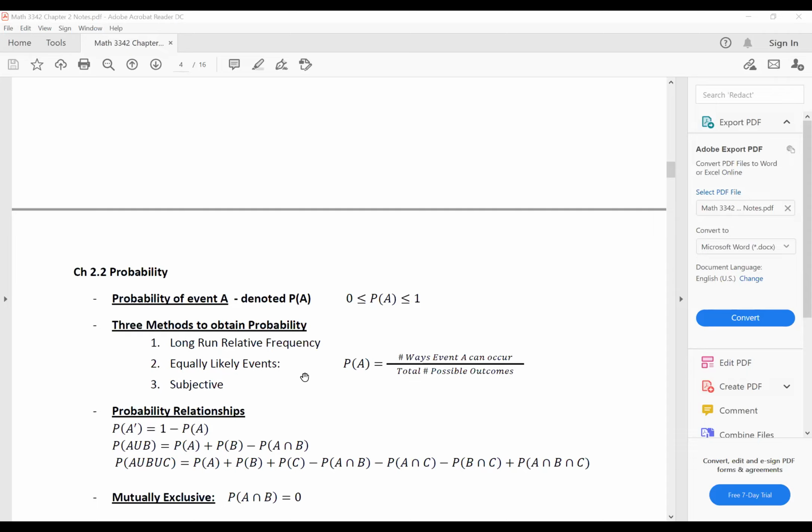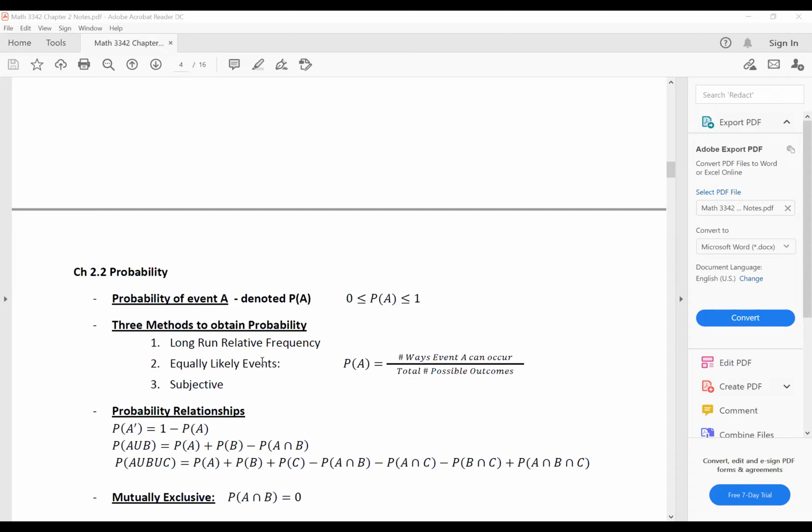For example, if in 100 tosses you have 60 heads and 40 tails, then you can say that in the next toss the chance of head is 60%. You decided this based on the experiment you have done, right? So this is called long run relative frequency.